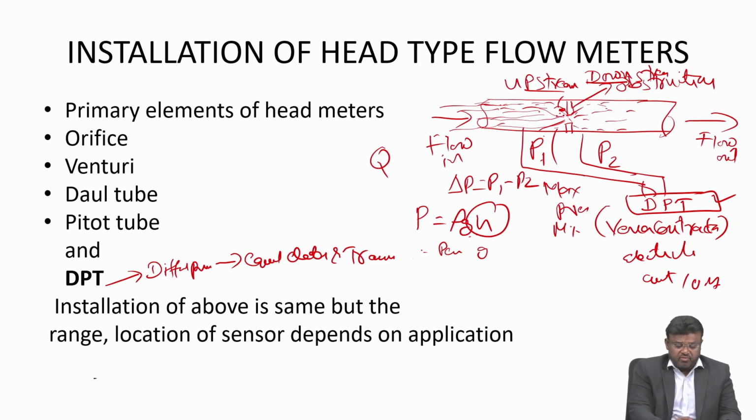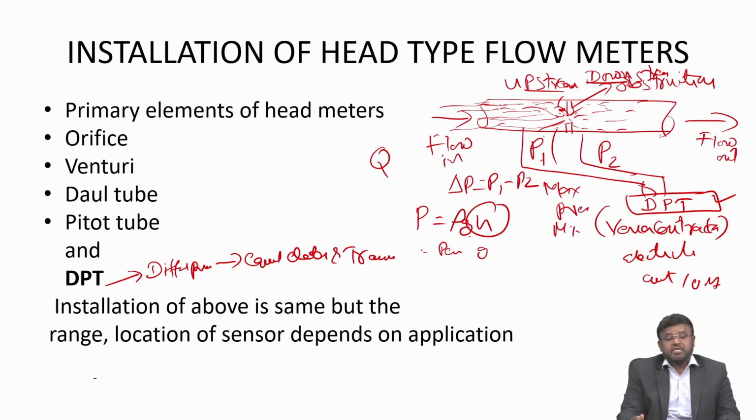And installation, how to install this DPT? It is a complex, a little bit complex job. It needs particular practice of engineers and technicians. So installation of this DPT depends on the location of the sensor and the application.